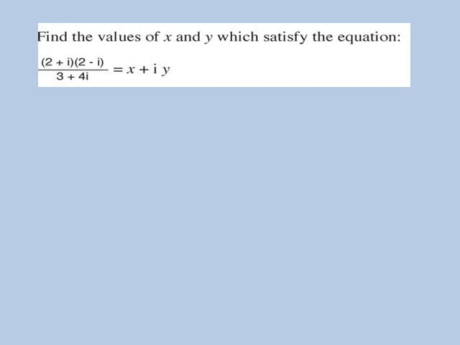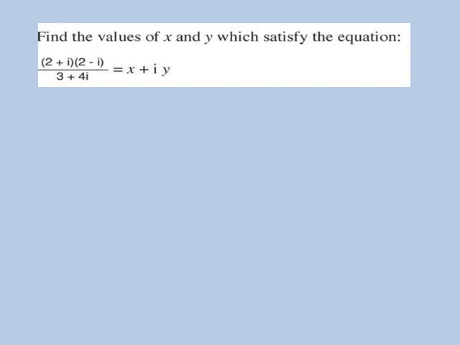Here, it is an equality between two complex numbers. And as we said before, the real part will equal the real part and the imaginary part will equal the imaginary part. But the real part on the left side isn't clear. So I must simplify the left side.